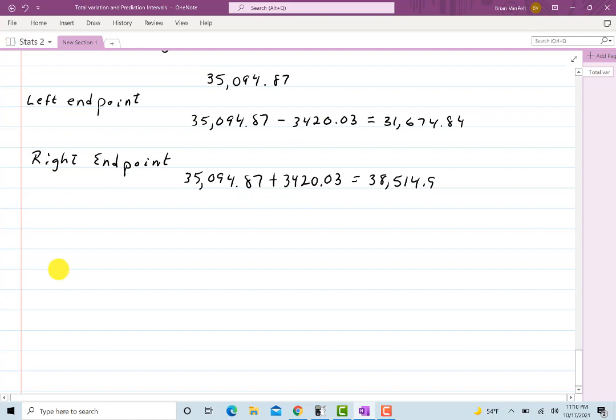So then our interval is this. We will go from our prediction interval.